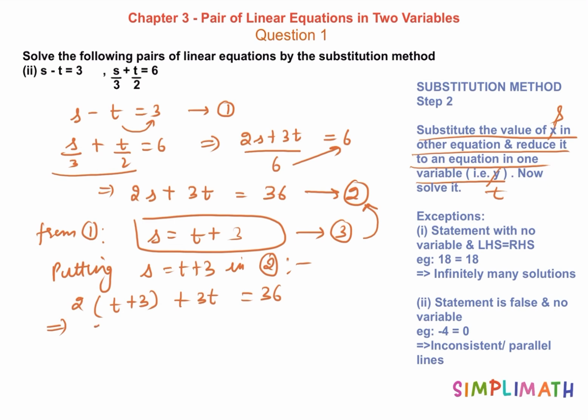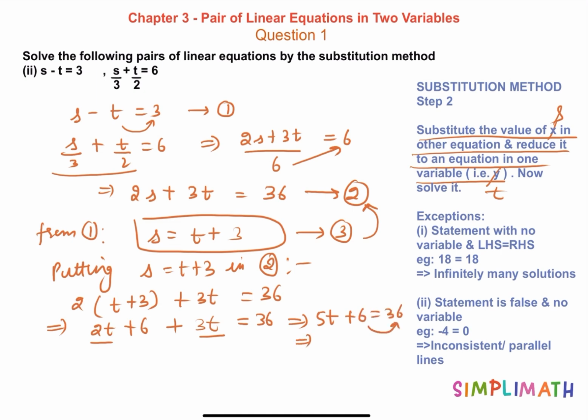So we have 2t plus 6 plus 3t equals 36. So this makes it 5t plus 6 equals 36. Now 6 goes here, so we have 5t equals 30. So t equals 6.